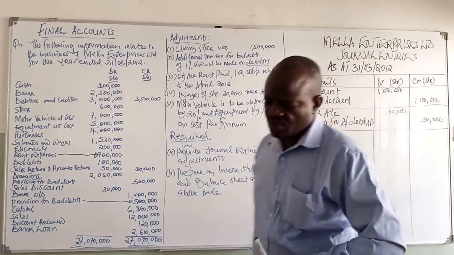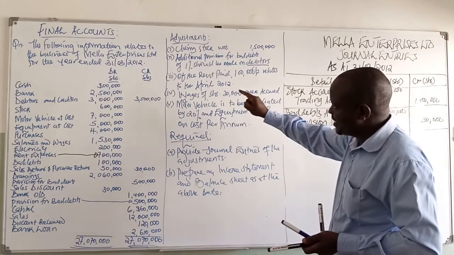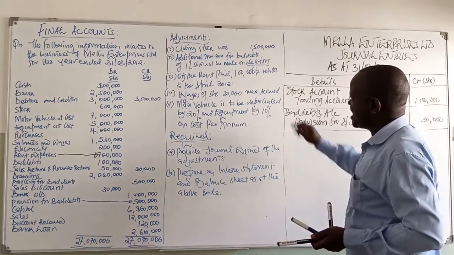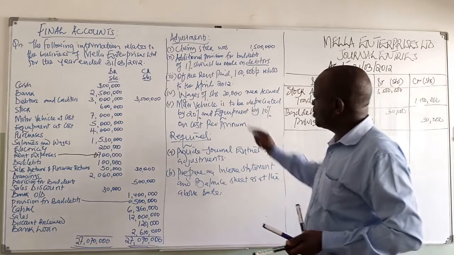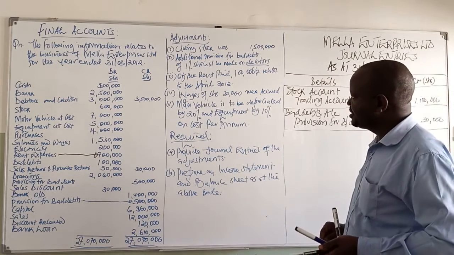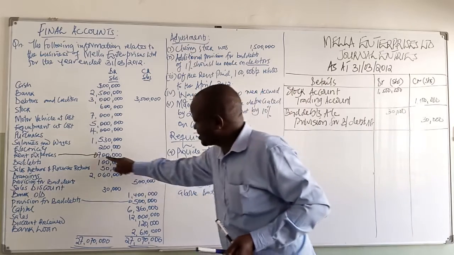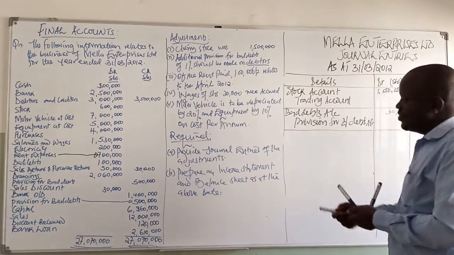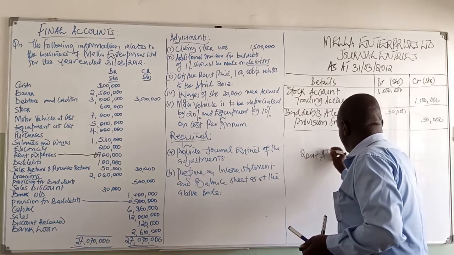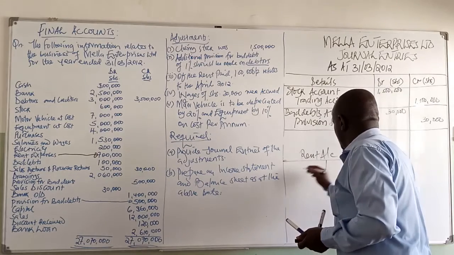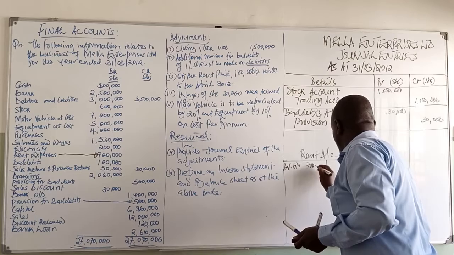Then we got the next, which says of the rent paid, 100,000 relates to April 2012. Out of the rent paid of 700,000, when you look at that rent account, you will have here balance brought down, which is 700,000.